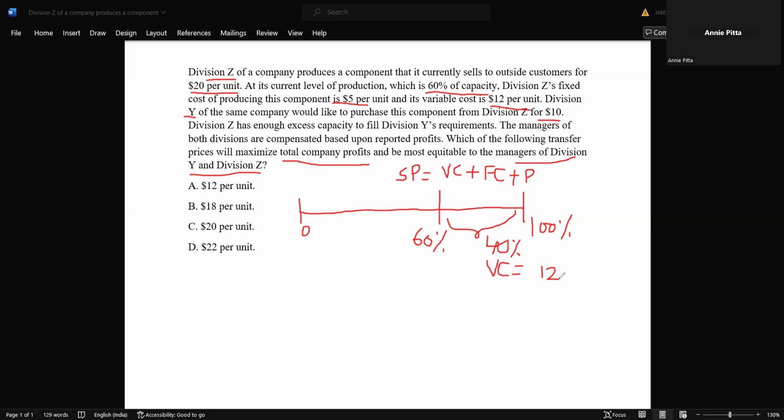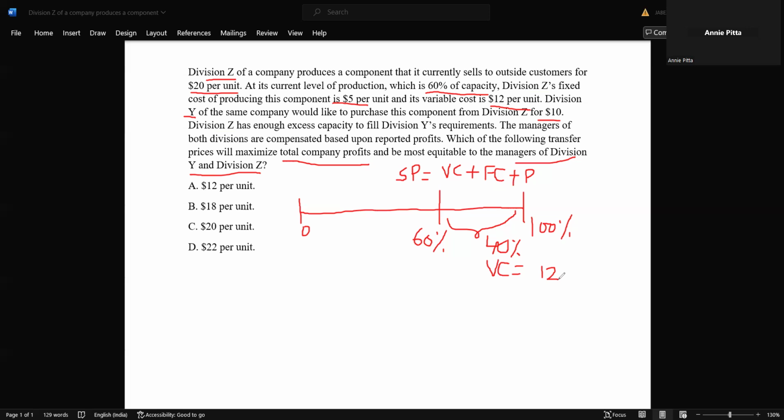We have 4 options given in the question: $12 per unit, $18 per unit, $20 per unit, and $22 per unit. $12 is a possible transfer price, but that will leave division Z with no profit at all.